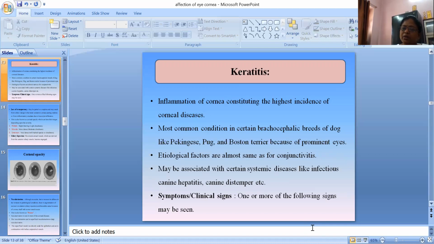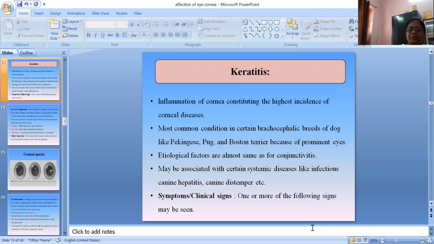Etiological factors are almost the same as conjunctivitis, and may be associated with certain systemic diseases like infectious canine hepatitis and canine distemper. These diseases also affect the cornea.